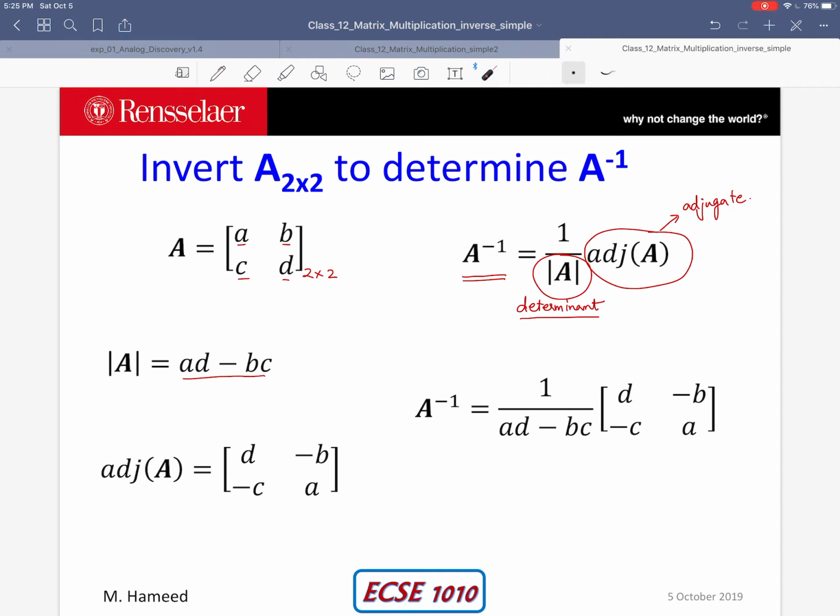So if we look at matrix A, it is simply the product of AD and we subtract BC from it. So AD minus BC will give us the determinant of A.